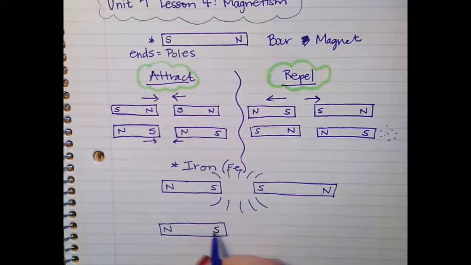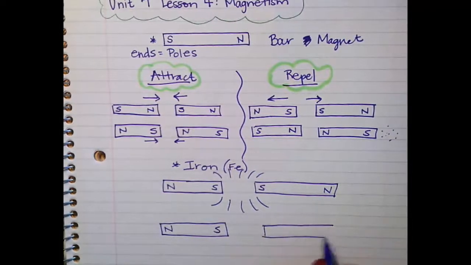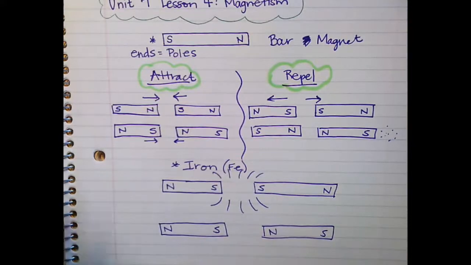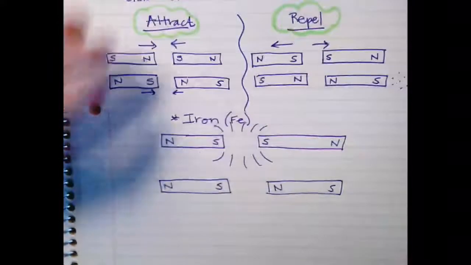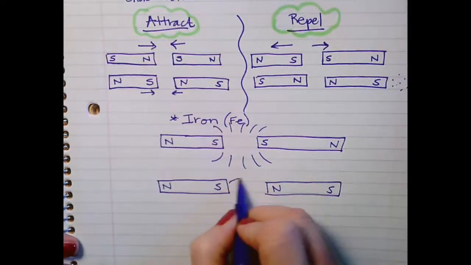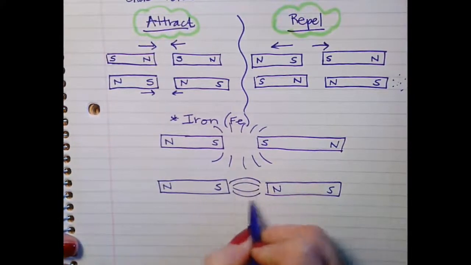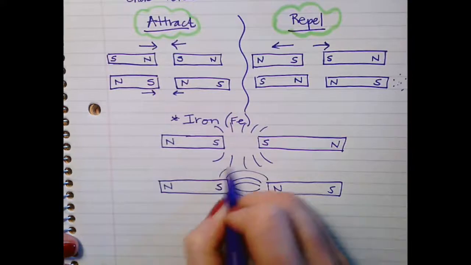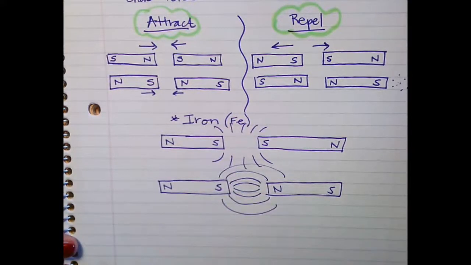Let's say I switch the one on the right and I have them attracting, so a north and a south magnet attracting, you will see that the lines actually connect a little bit better, and the lines look a little bit different. So that's kind of a rough sketch.